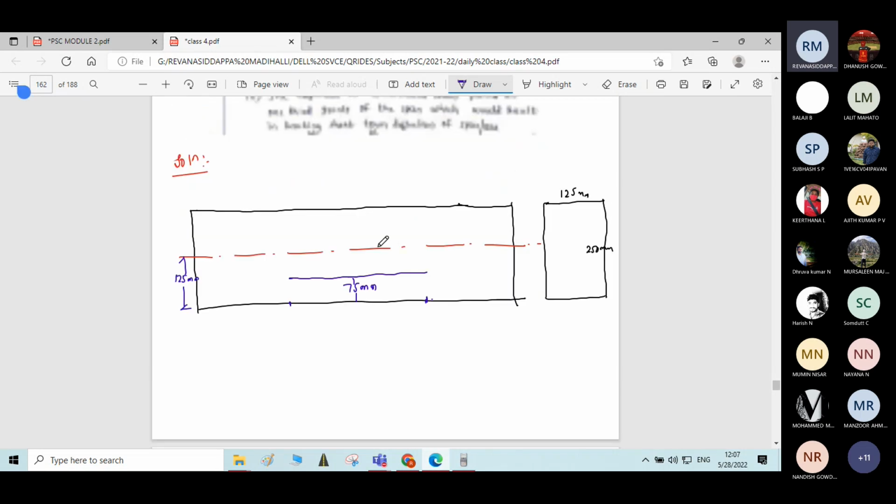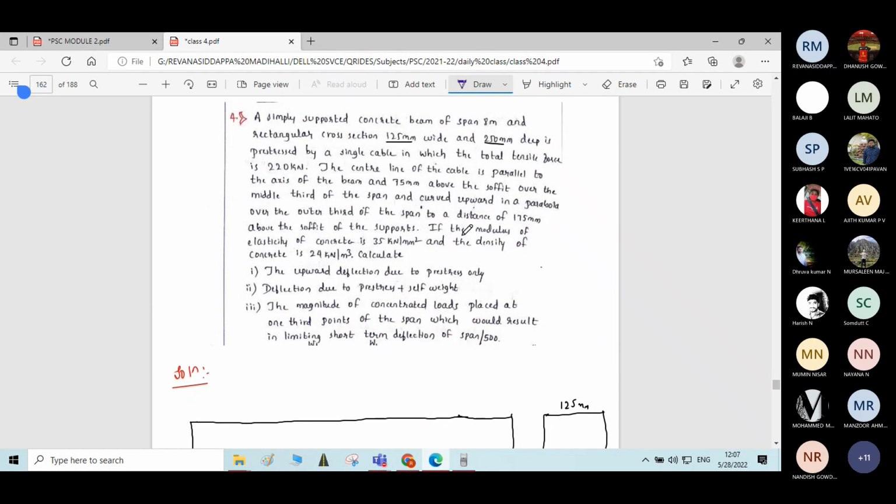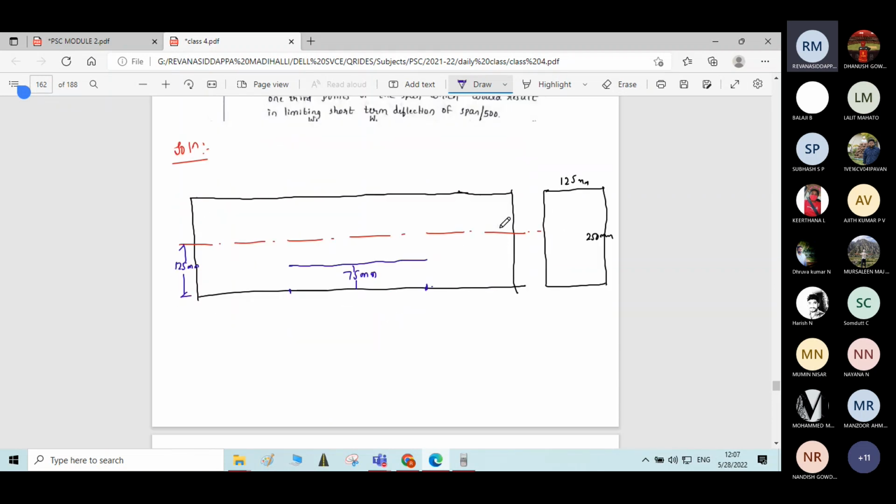He says that it is curved upward in a parabola over the outer third of the span to a distance of 175 above the soffit at the support.